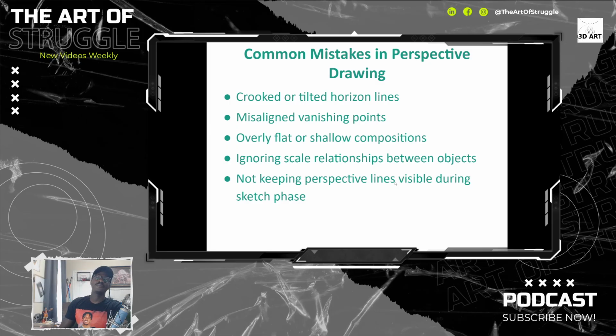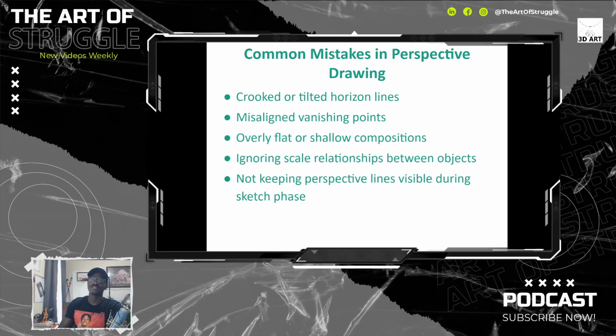So some common mistakes people do make when doing perspective drawings is they have crooked or tilted horizon lines. Like if your horizon line is a little crooked or off, your buildings and everything you put on top of it is going to be kind of crooked and off, right? If you have misaligned vanishing points, that could really mess up your lines, because then your vanishing points aren't going to line up particularly well, right?